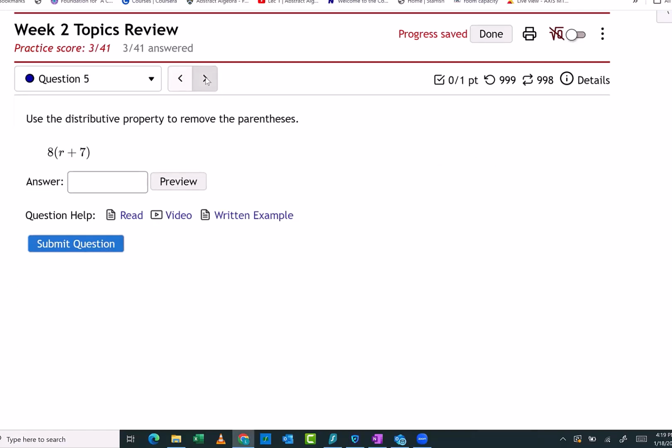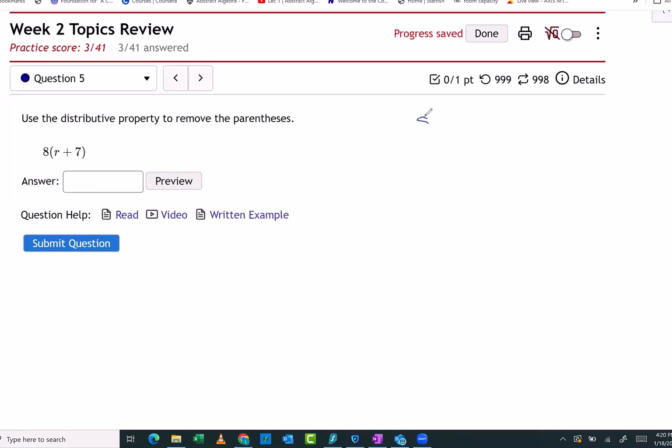Now we have the distributive property. And what we have is something in parentheses times a number outside. It doesn't even have to be a number. It could be a variable. Let's say you went to the store. It was you and 3 friends.